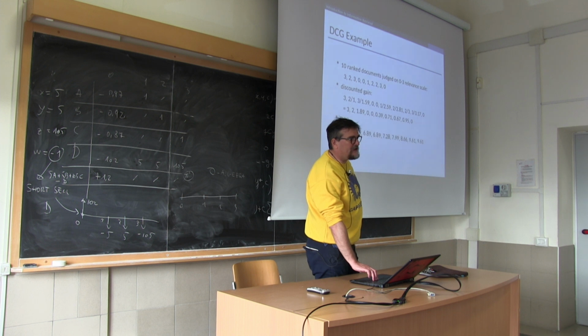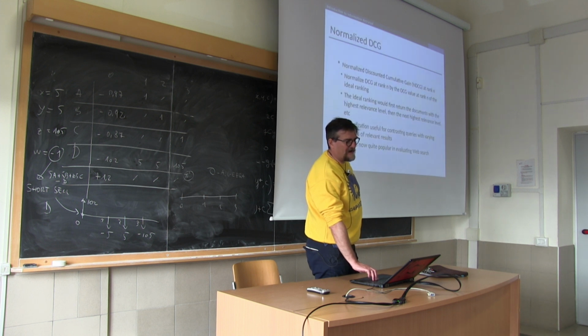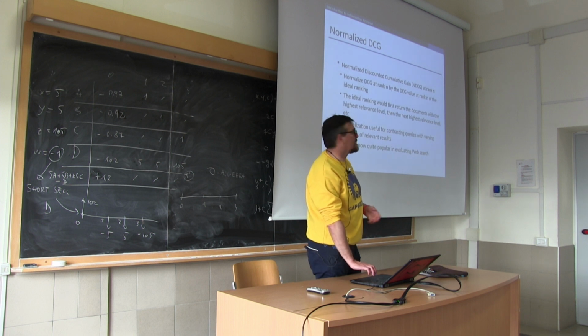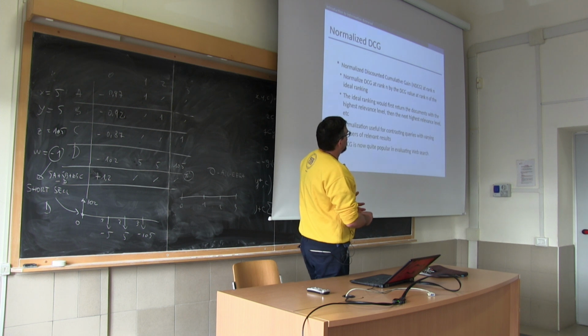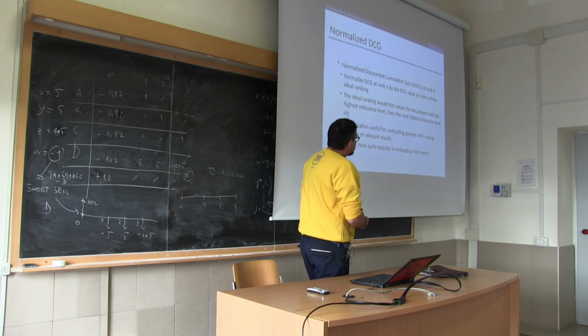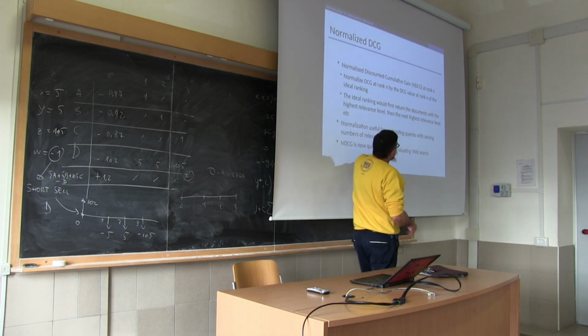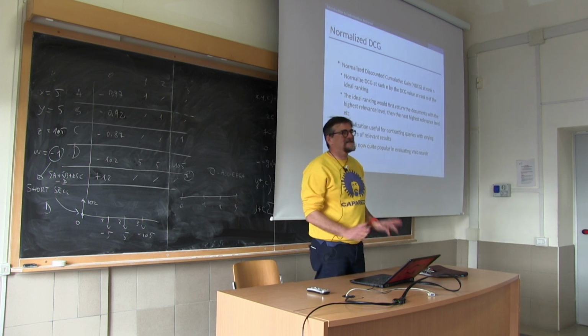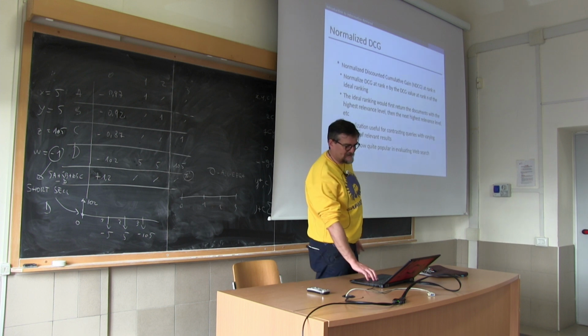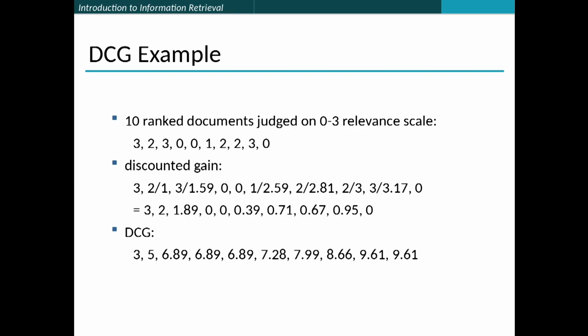Clearly, you can also normalize those values, which must be done to contrast queries with a variable number of relevant documents, but it does not add anything in terms of concept. So if you understand the DCG, it is more than sufficient to grasp the idea.